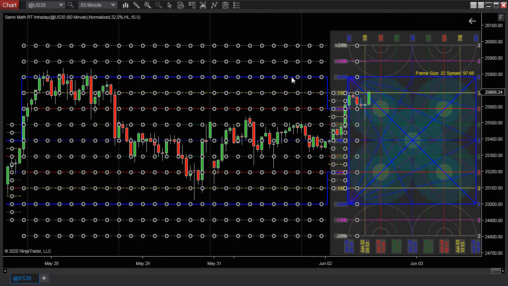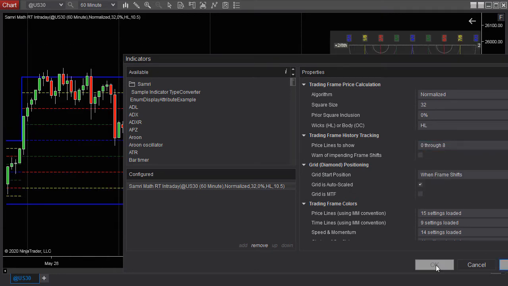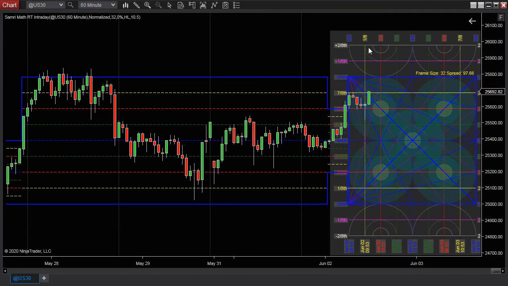Another option is, so we looked at the 0 and 8 only, the all lines. We can look at 0 through 8, which means I don't want to see these overbought and oversold areas. I don't want the -1, -2 and +1, +2/8. So they're gone from my history.